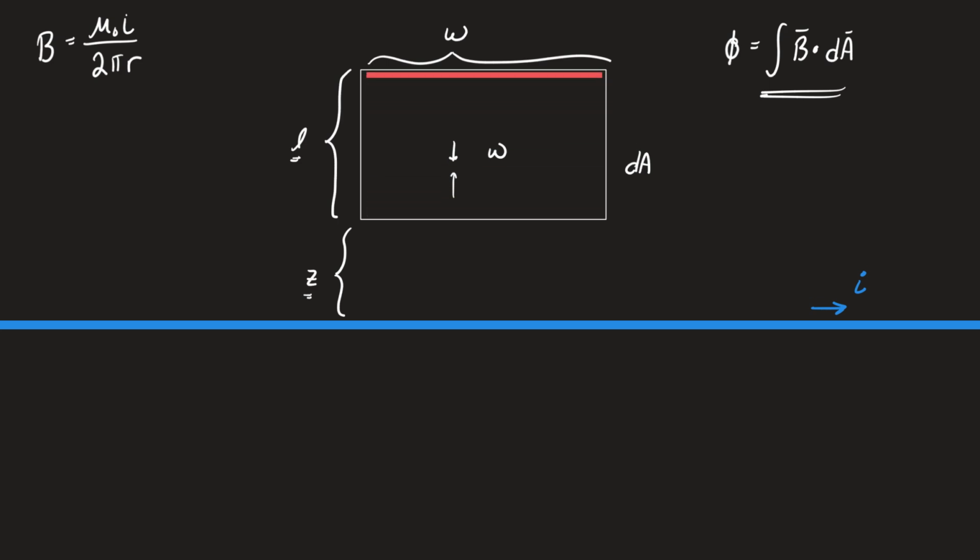So in trying to figure out how I want to express dA in terms of something that I can integrate, I probably are going to want to use variables related to how far away I am from the wire. So I'm going to define r as being the distance from the wire to where my rectangle is.